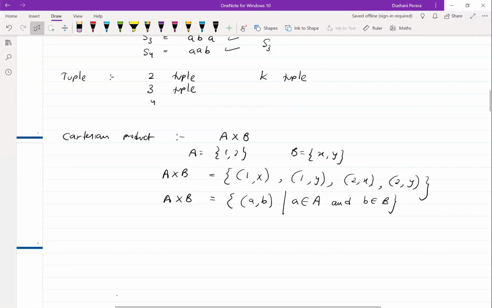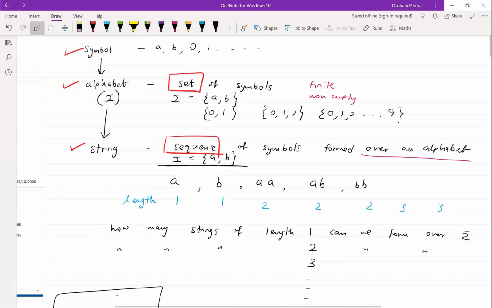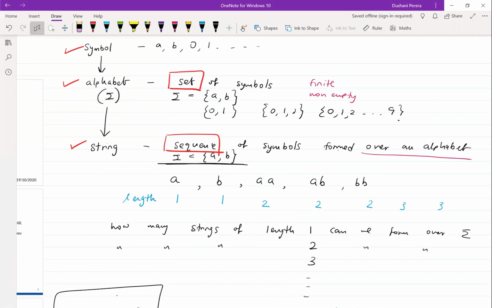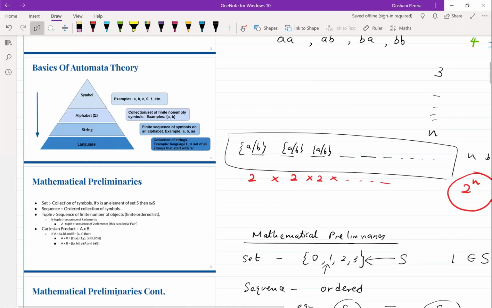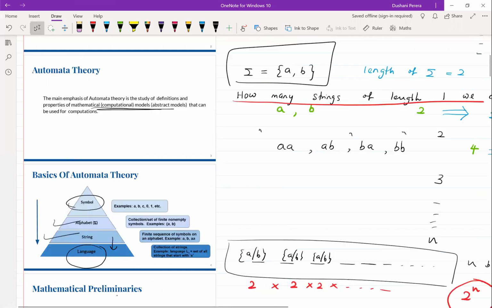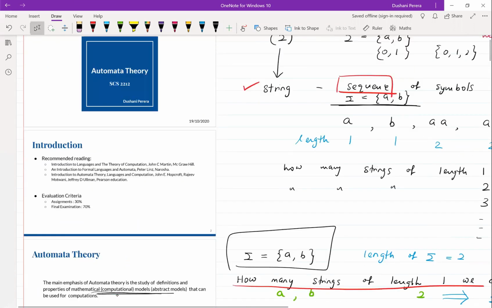So now, going back to our first discussion where we started off with the basic symbol, alphabet, strings. In this triangle, we have symbol, which we spoke about, alphabet, we spoke about that as well, and strings, we did that. And finally, we have language. So after this, the next part in the flow chart is the language.